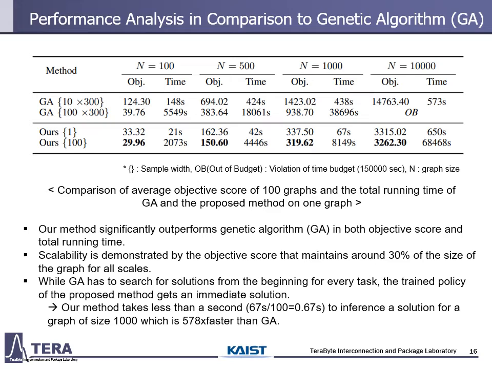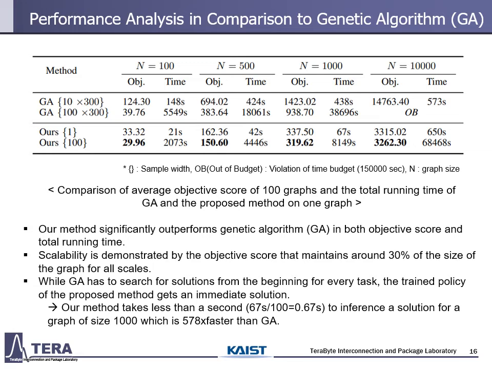First, we can see that the objective score of our method is much less than that of the genetic algorithm. Since the lesser the objective score means better performance, our method performs much better than the genetic algorithm, which is a meta-heuristic method.